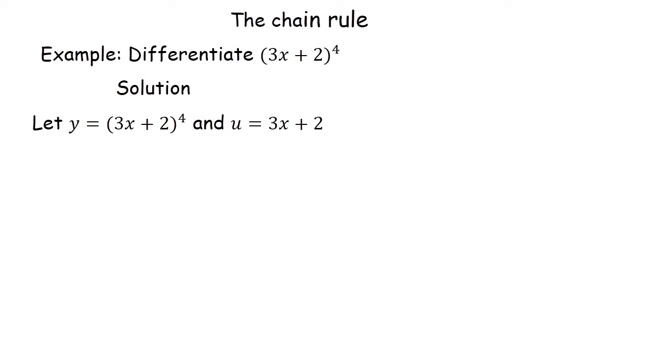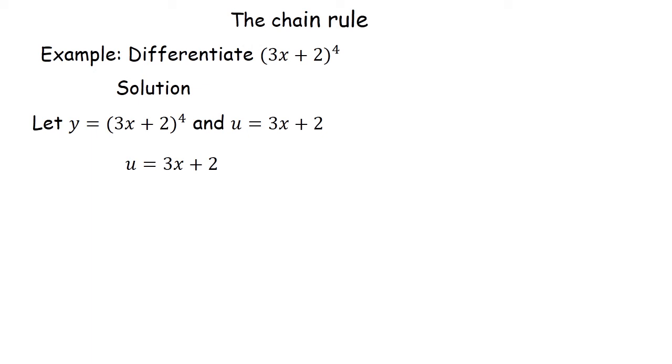When we are still in the beginning processes, for those who haven't attended, we let the whole of this function be y. So y is equal to (3x + 2) to power 4. And then the one inside brackets, we let be u. So u is equal to 3x + 2.